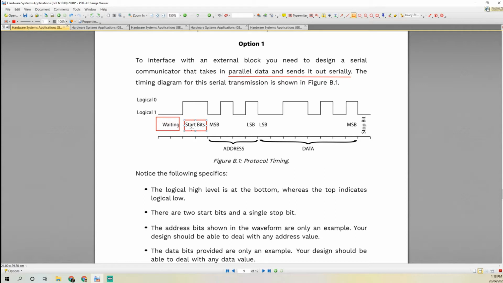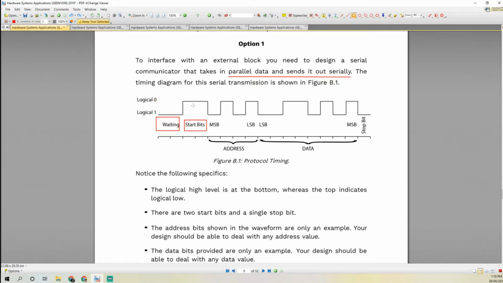And when we are in the start state, we expect to send 2 zeros. Note that this is 2 clock cycles, and because it is 0, 0 here in the diagram, or this low edge, we know that that corresponds with a logic level 0.